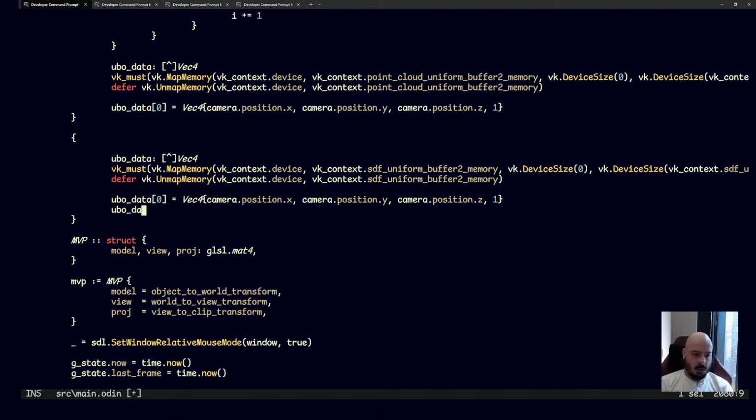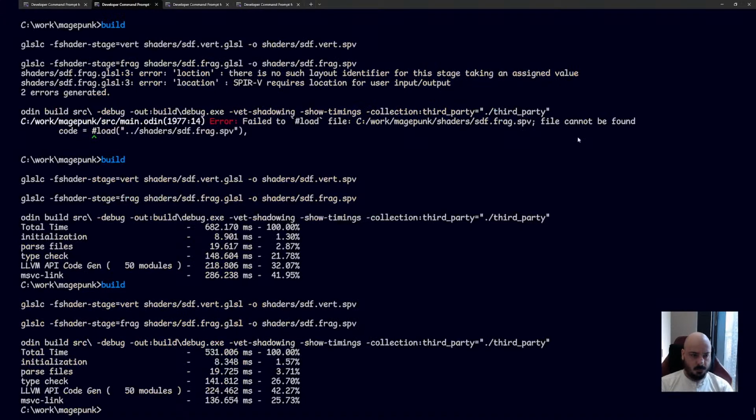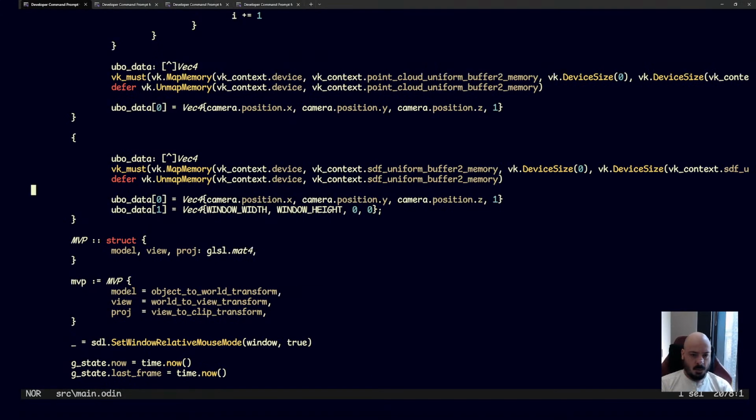So UBO data is going to be the resolution. So this is going to be screen, is it screen or window? Window width, window height, 0, 0 for now. And we're missing something else.